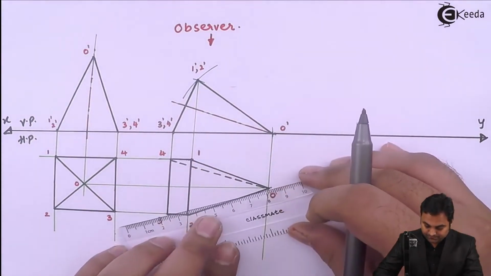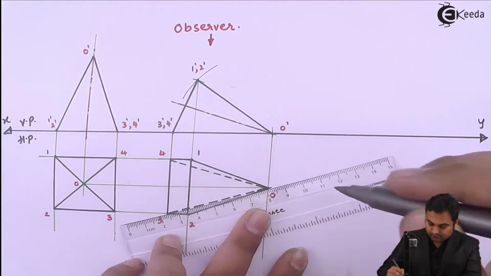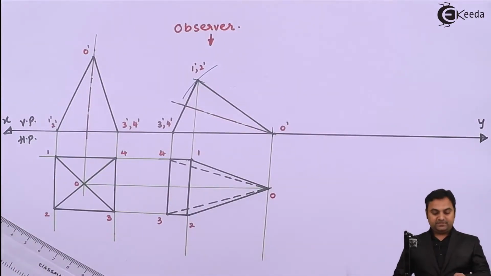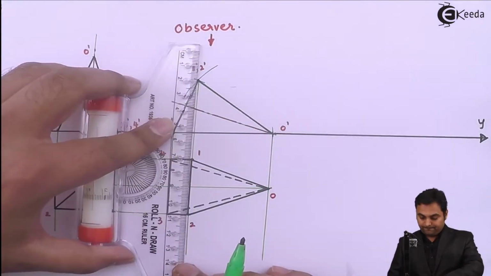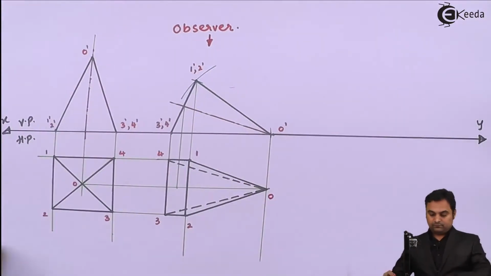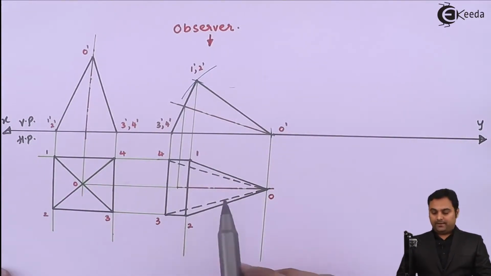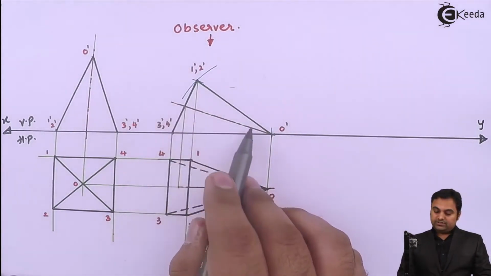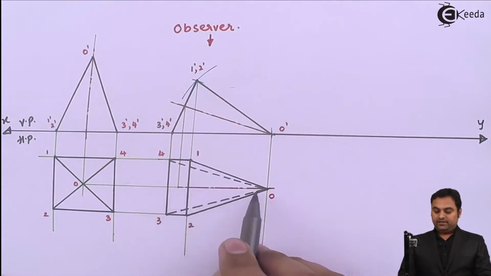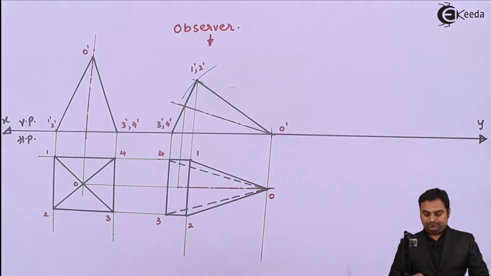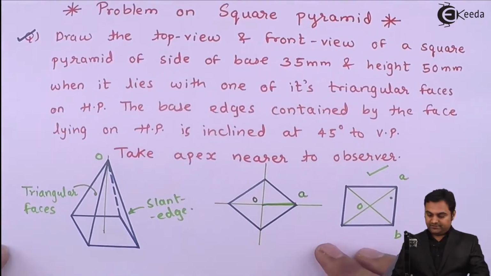Similarly O to 3. Next, I'll project the axis from the front view. Now, here I'm getting, this is the true length of the axis. When I'm looking from the top and projecting it, here I'm getting the apparent length of the axis. So this is the second condition.